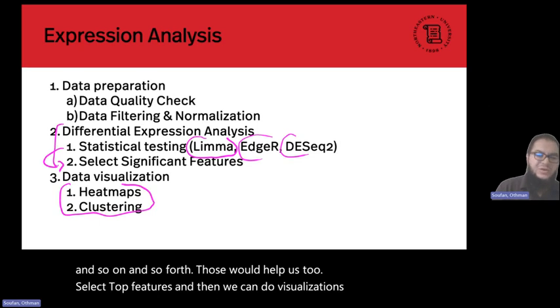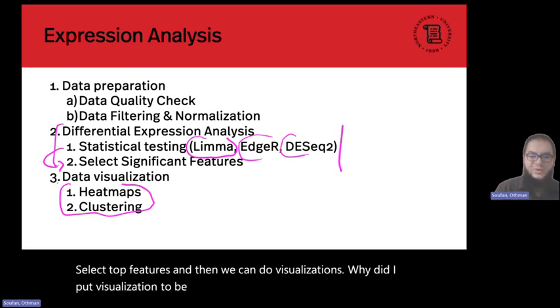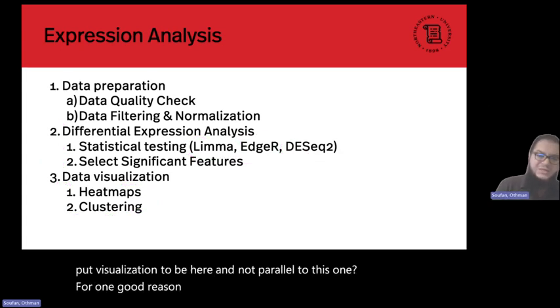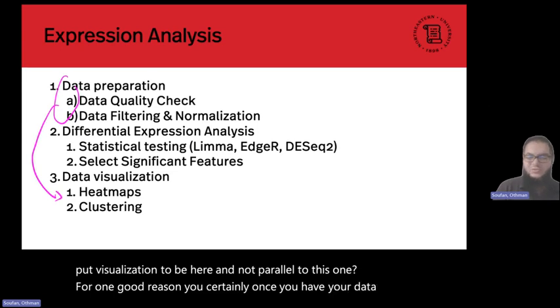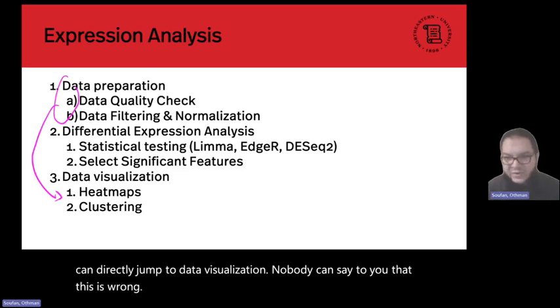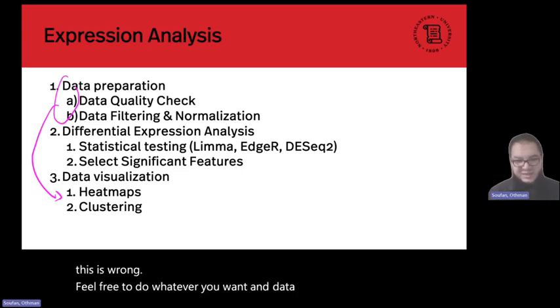Why did I put visualization here and not parallel to this one? For one good reason. Certainly, once you have your data, you can directly jump to data visualization. Nobody can say to you that this is wrong. Feel free to do whatever you want in data analysis and data science.